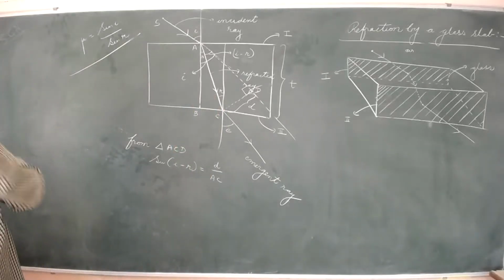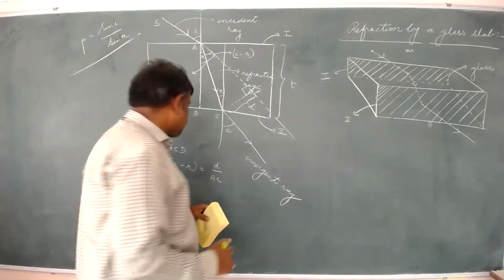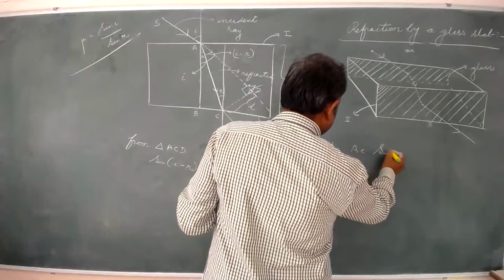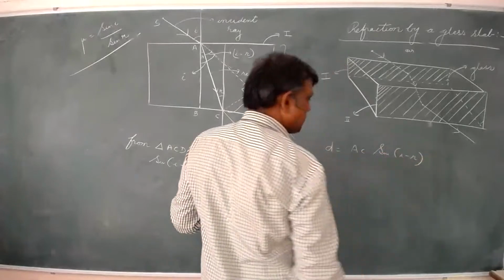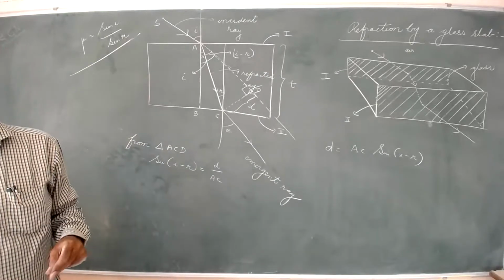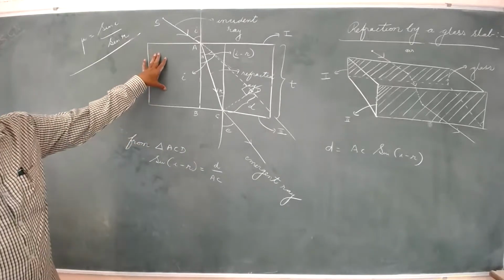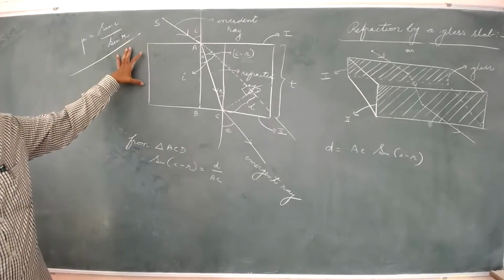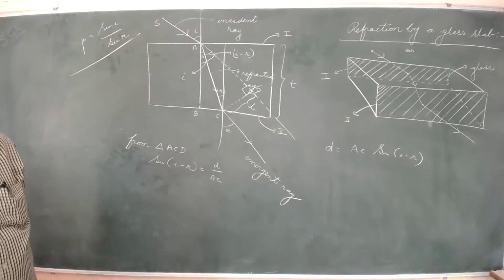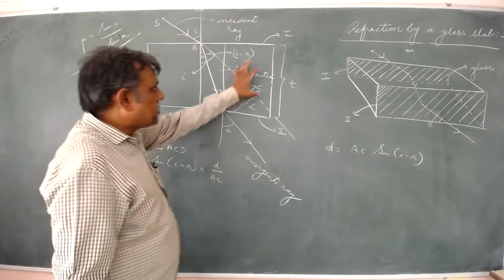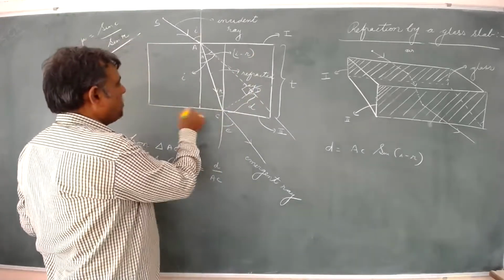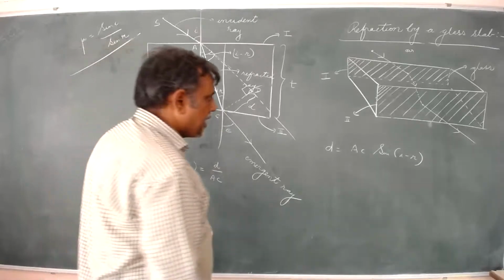But what is the value of AC? d is equal to AC into sine (I minus R). Now the value of AC we need to calculate. In the problem, the thickness of this glass slab will be given, a T value in centimeters or something. So we need to represent it in terms of T. For that purpose, I will take triangle ABC.